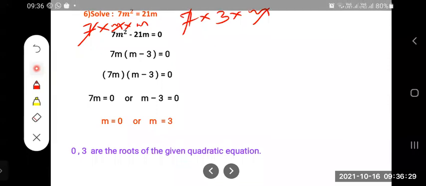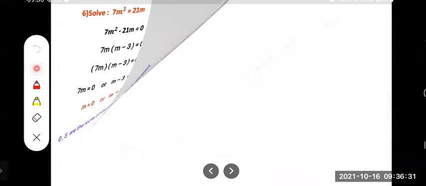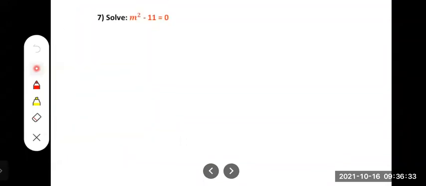Now, we can go for the next one. Next also one more sum they have given. So solve m square minus 11 equal to 0. M square minus 11 equal to 0. So how we can do this one? See, in the first sum we have seen a perfect square number they have given.